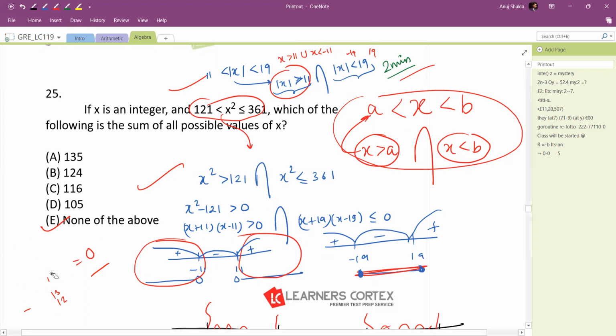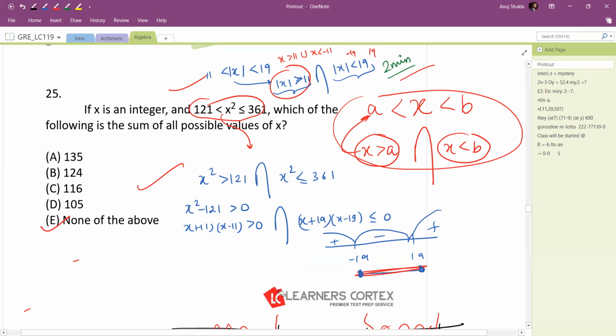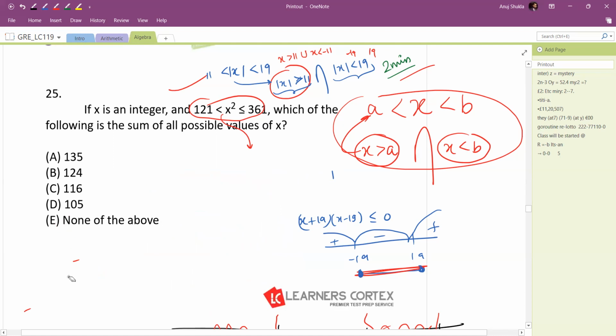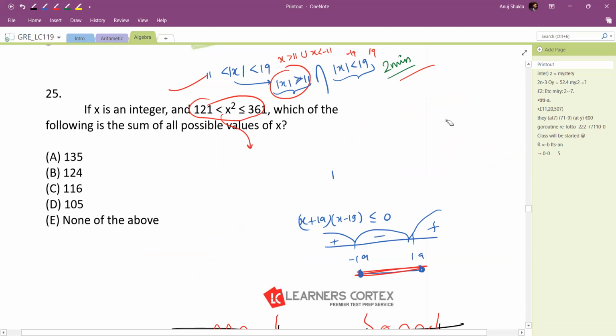Another thing is that common understanding method. That is, x square value is between 121 and 361. The 121 is actually 11 and here it is 19, means mod x value should be between 11 and 19, right?